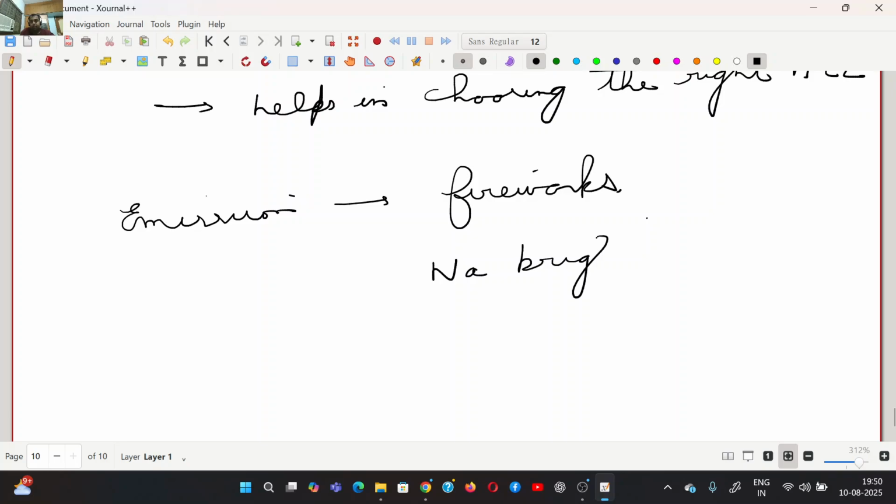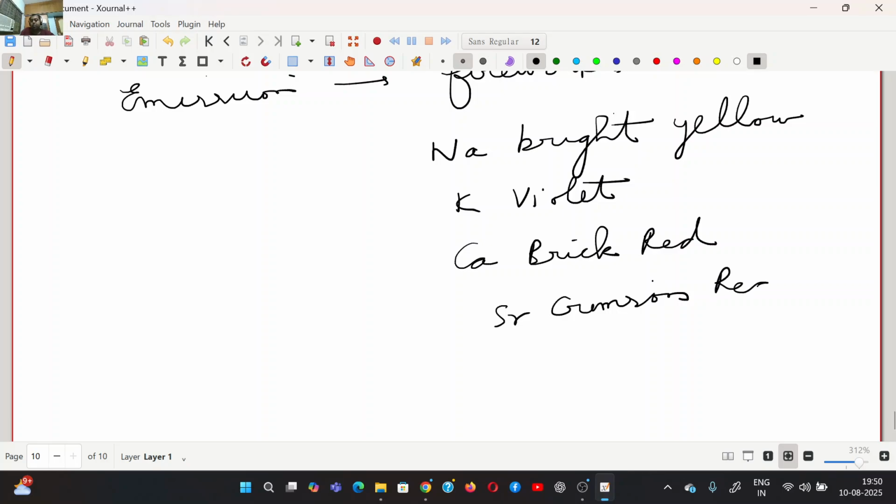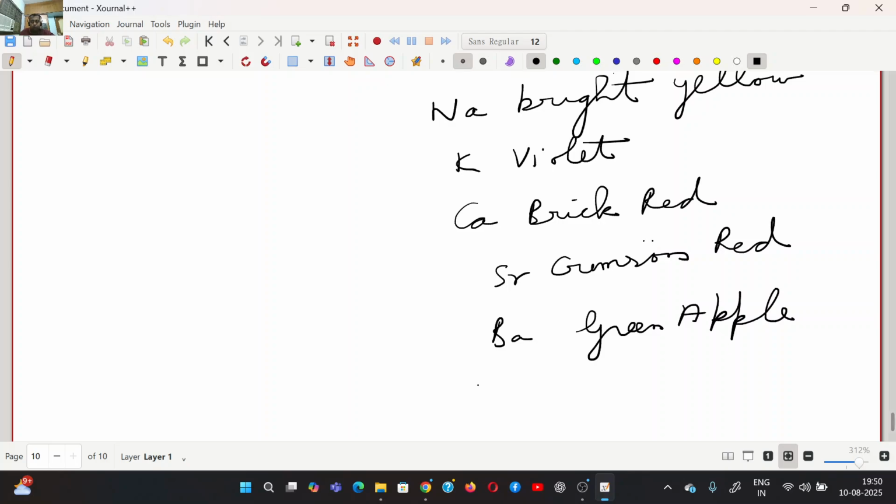Sodium, bright yellow, potassium, violet, calcium, brick red, strontium, barium, green apple, that's the color. Copper is blue.